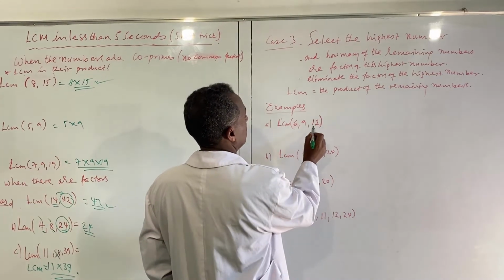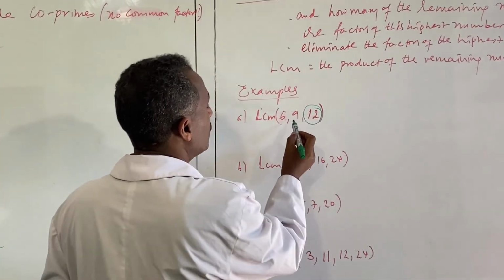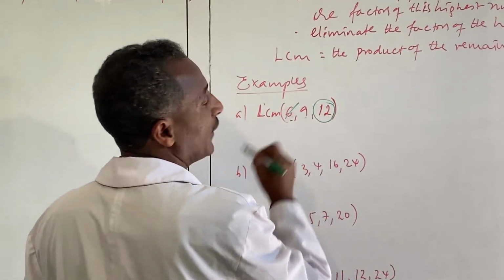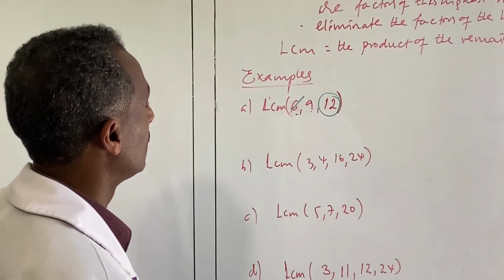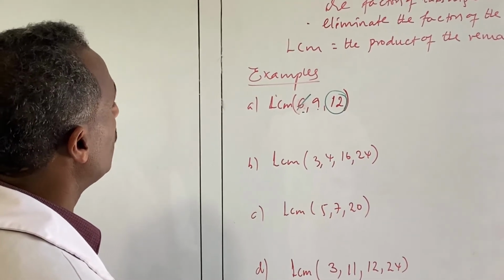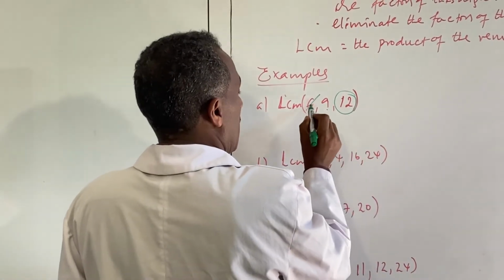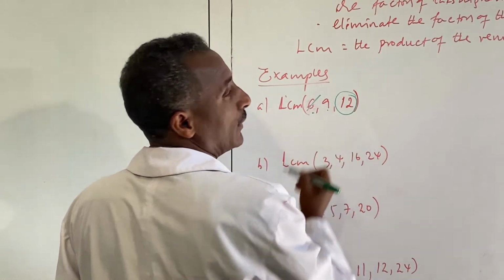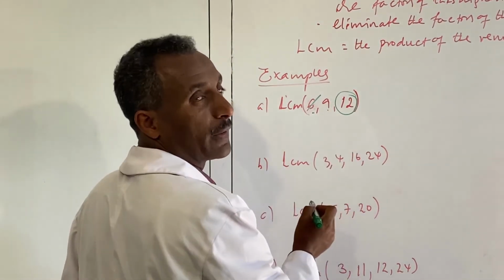We see that 12 is the biggest number, the highest number. Then out of the remaining, 6 is a factor of 12. So we are left with only 9 and 12 because 6 is already cancelled because it is a factor of the highest number.